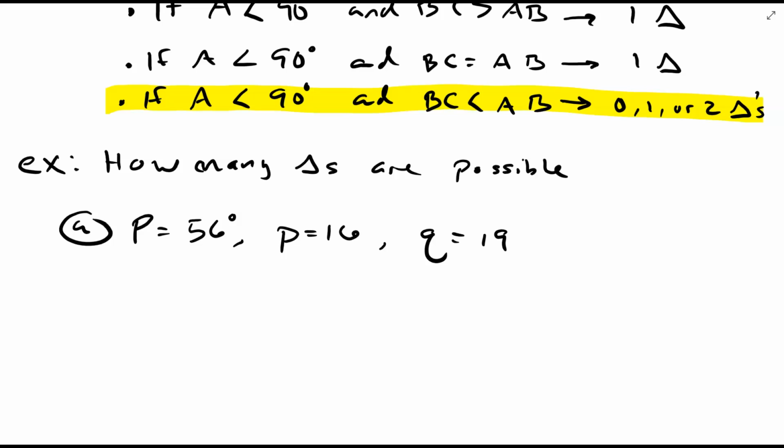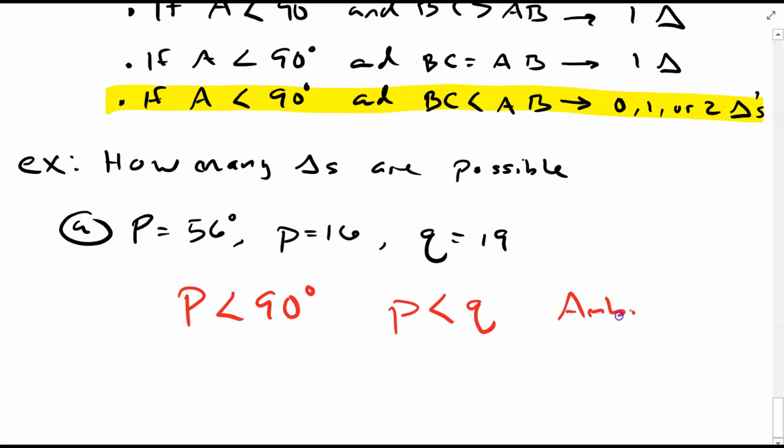So first thing that I'm going to observe is that P is an acute angle. Everybody agree with that? And that the side opposite P is smaller than the other given side. This is the ambiguous case. So we're going to try to determine whether we can have 0, 1, or 2 triangles here.